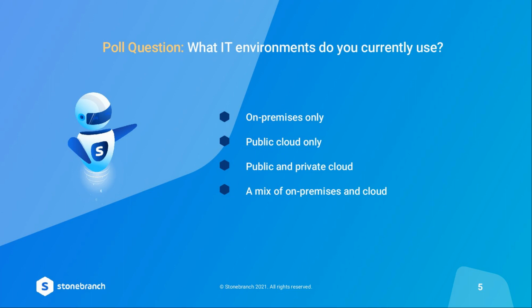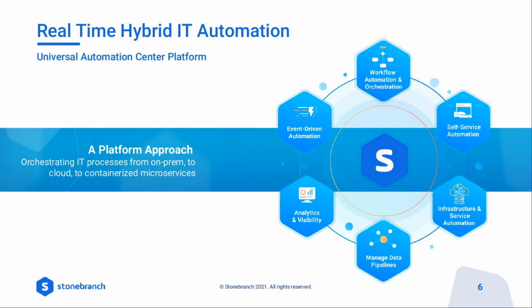Great, thank you. So, for many of you, hybrid IT is already here, obviously, and this is presenting plenty of new challenges for automation. Your applications are no longer pinned to your on-premises infrastructure. Many are now deployed in the cloud, and more of your business is consuming applications as a service.